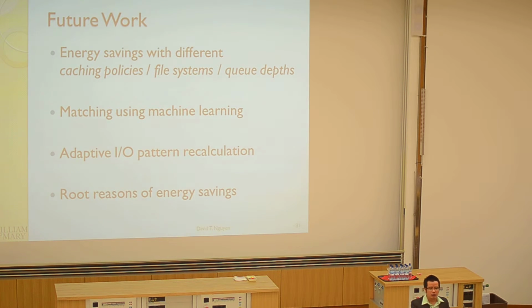We can improve the matching and use machine learning, even though our simple approach proved to be quite okay. The I/O pattern recalculation doesn't have to be just 1 minute or 2 minutes, but it could be adaptive. Sometimes it could be better shorter, sometimes longer. And at the end, we can also dig in and see what the real root reasons of the energy savings are.